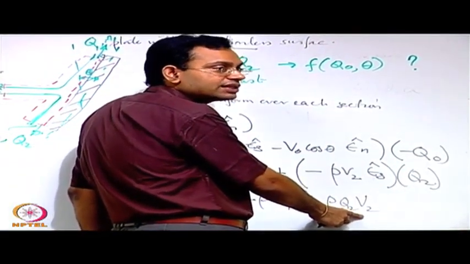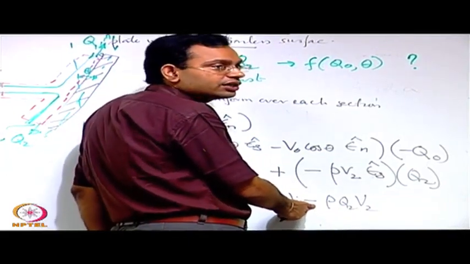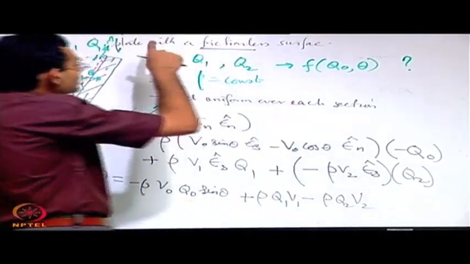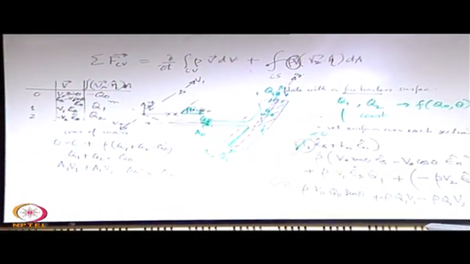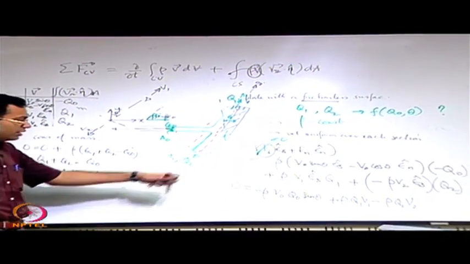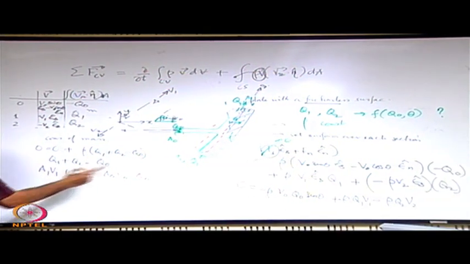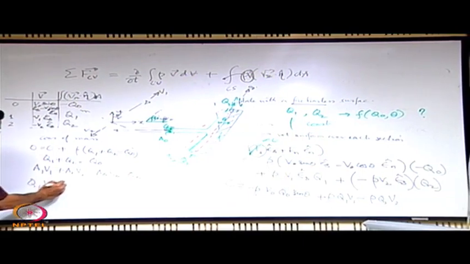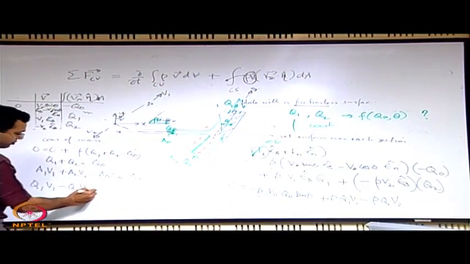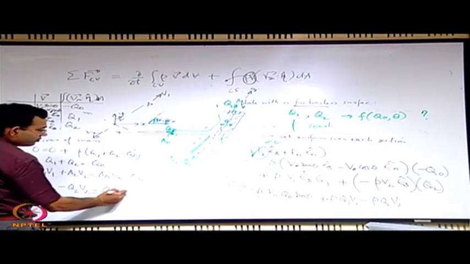So, the origin of the plus and minus has to be clear. It is not because of outflow or inflow that the plus or minus has come; it comes as a combination of outflow and the direction of the velocity vector. So, rho being a constant, from that equation q1 V1 minus q2 V2 is equal to q0 V0 sin theta.